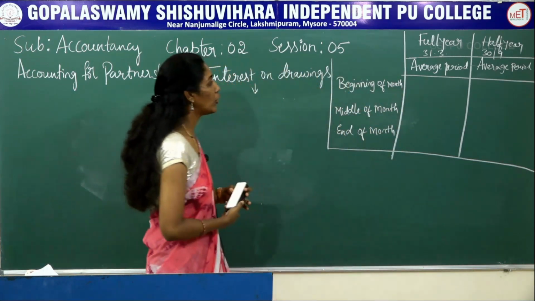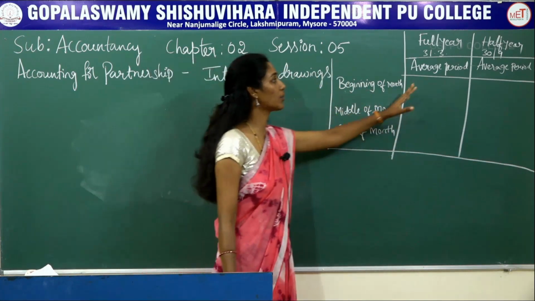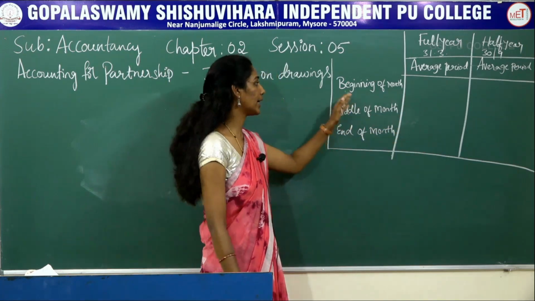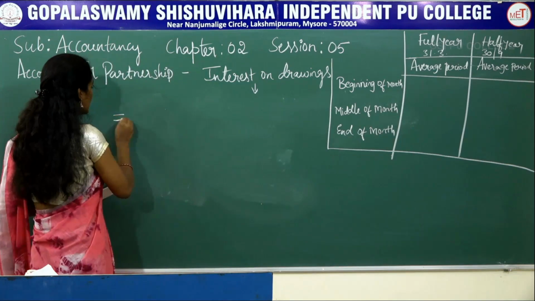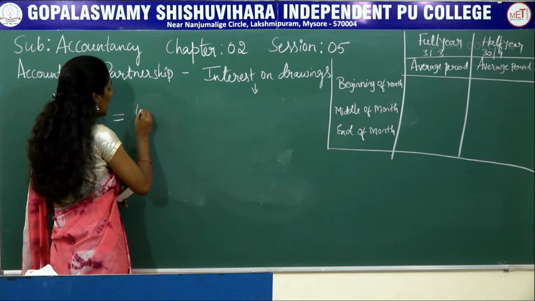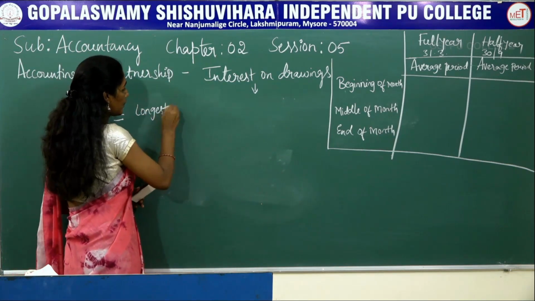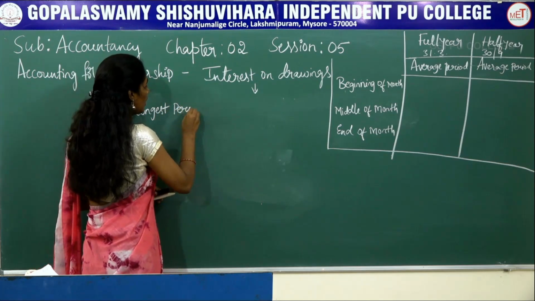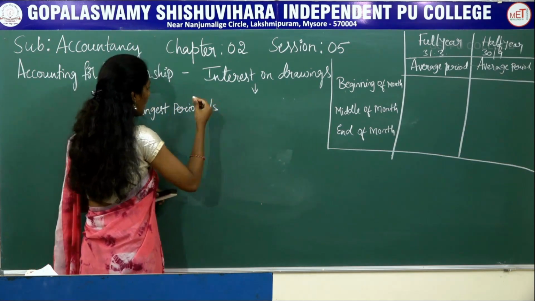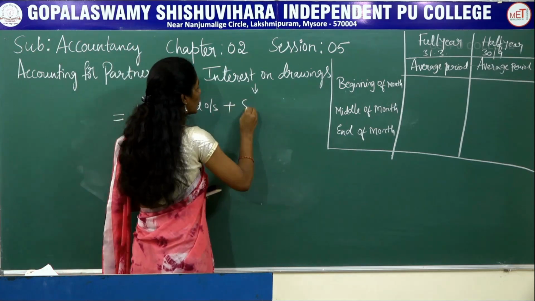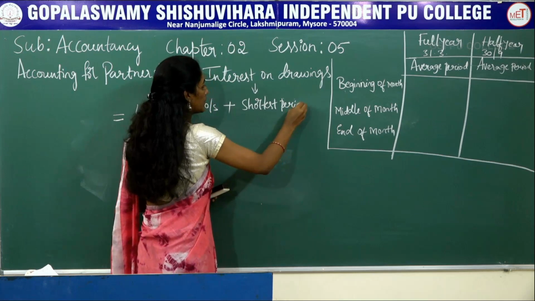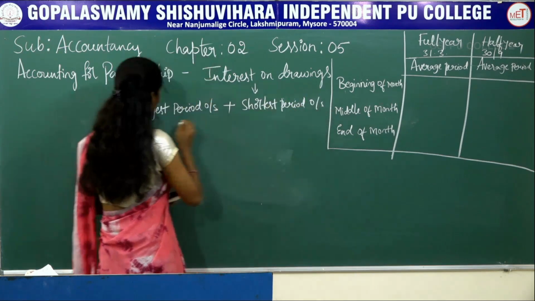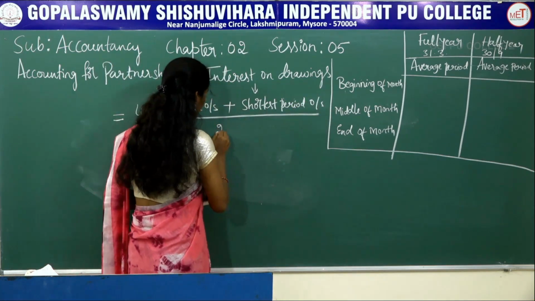So in order to find out the average period for the full year, in the case of the beginning of the month, you have to write the formula: longest period outstanding plus shortest period outstanding divided by 2.